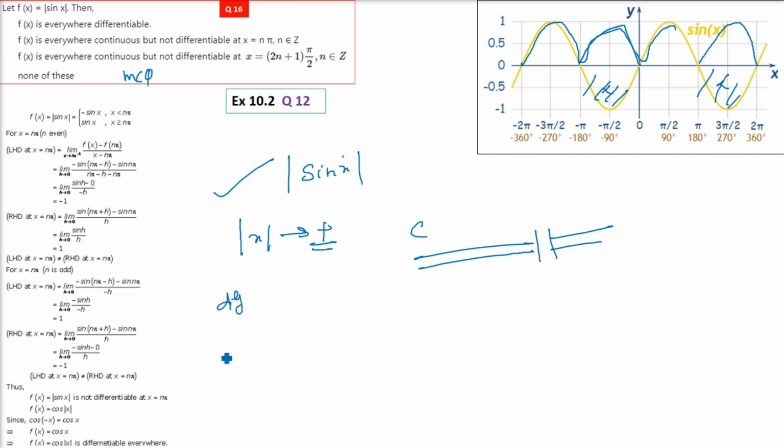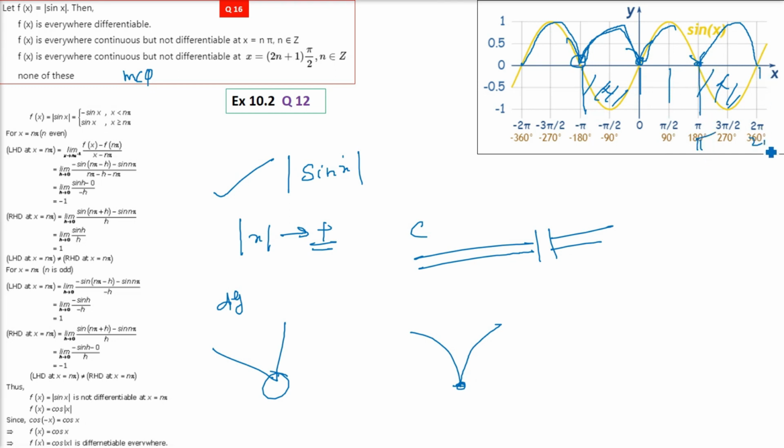How about the differentiability? Differentiability means there should not be any sharp edge. There should not be any sharp turn. If it is like that, then the function will not be differentiable. But here you see at negative pi, at 0, at pi, at 2 pi, we have a very sharp turn, sharp edge. And sharp edge simply means non-differentiability.